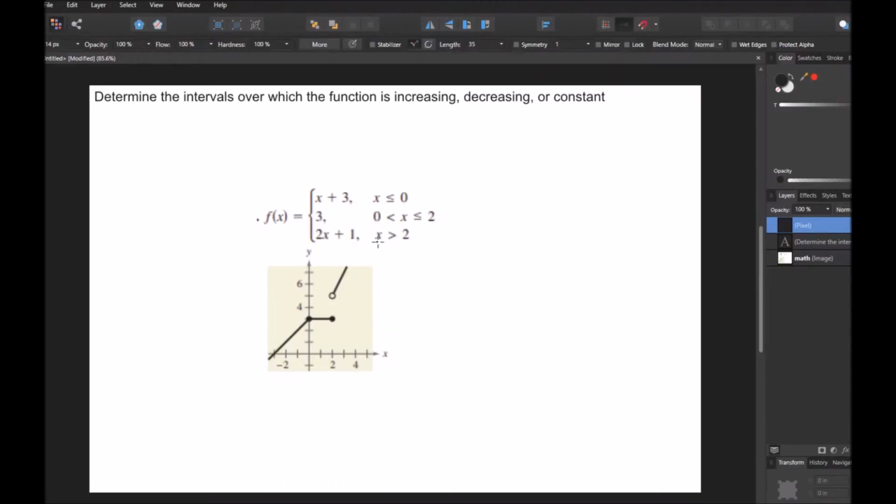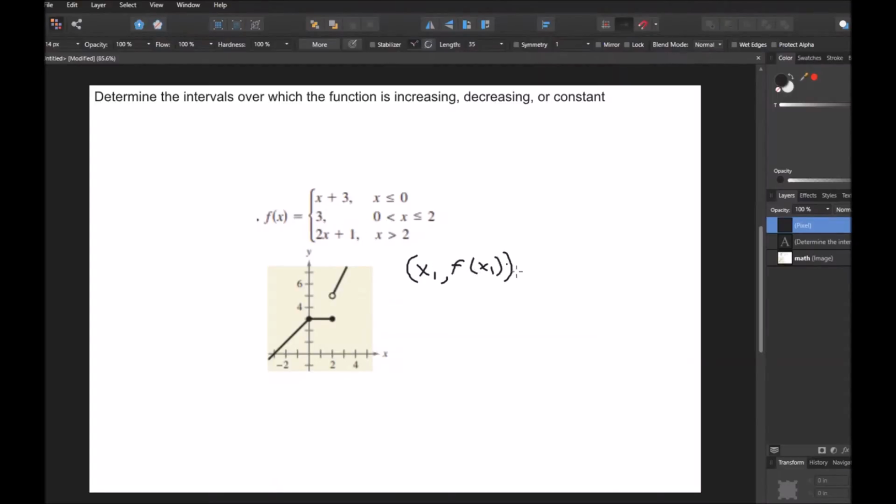Now, you want to remember that when we're determining intervals over which the function is increasing, decreasing, or constant, we want to look at the x and f of x ordered pairs. So let's say I pick 2 points on the graph, x1 and f of x1. And remember, f of x1 is basically a stand-in for y1.